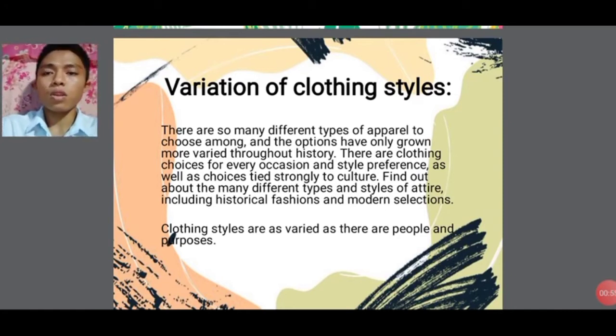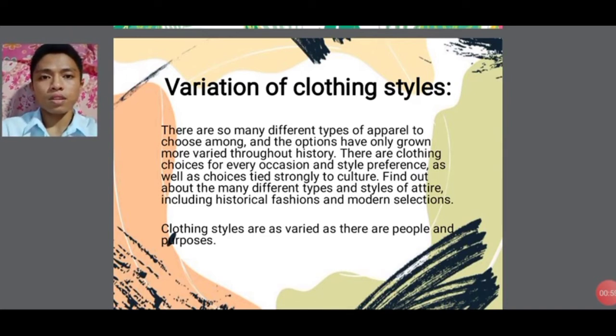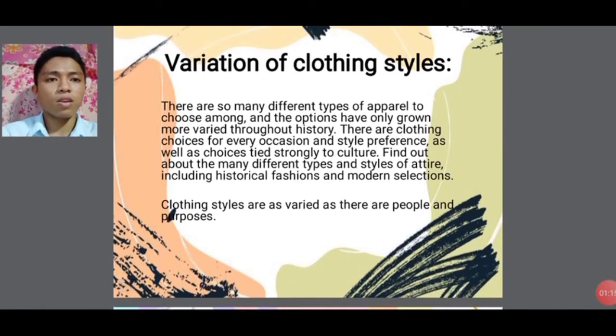So, next is they are also tied strongly to their culture. So, meaning they base their clothing and fashions on their cultures. So we have variations of clothing style.